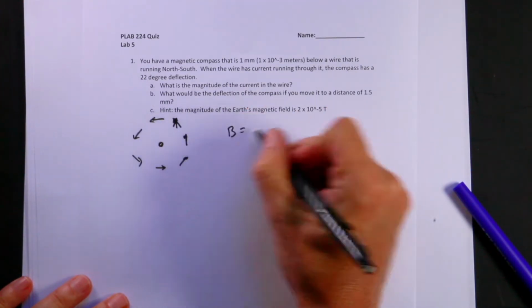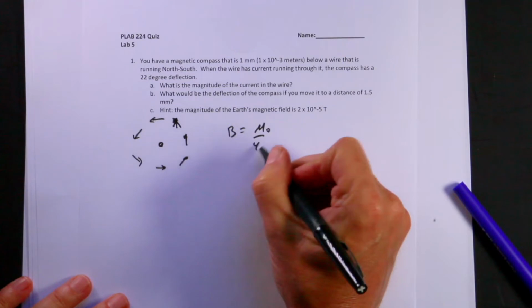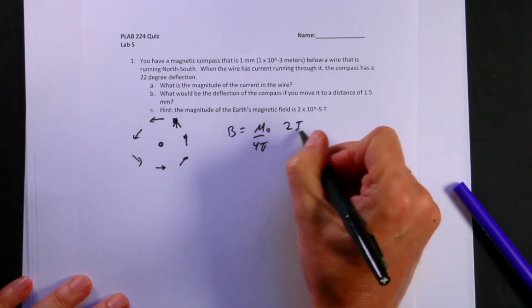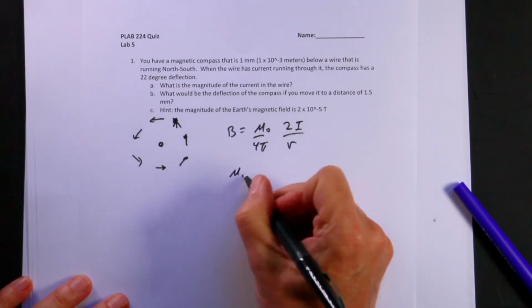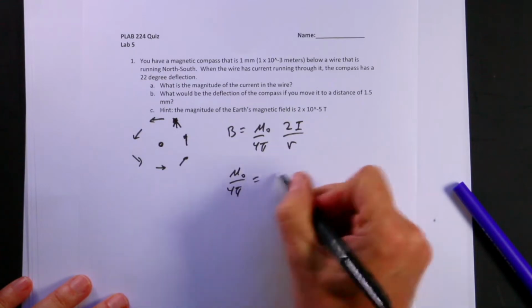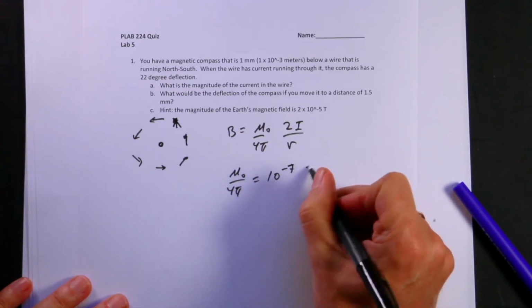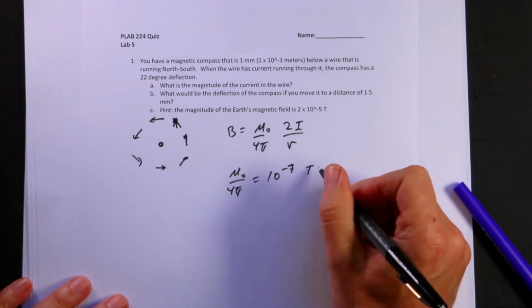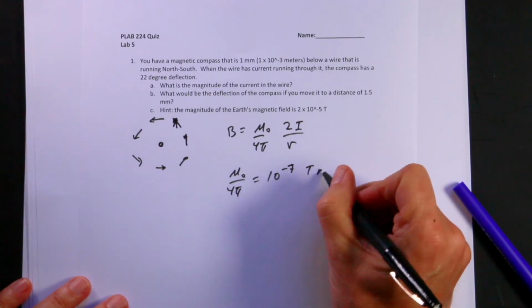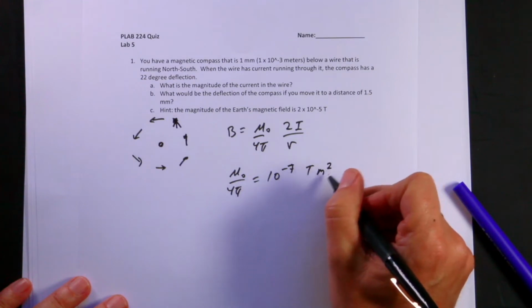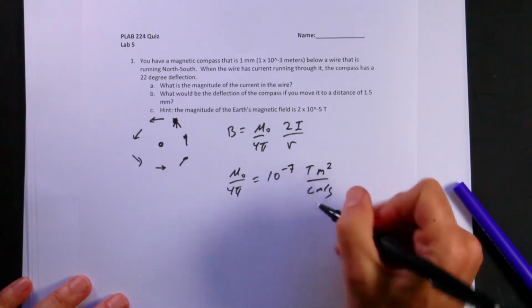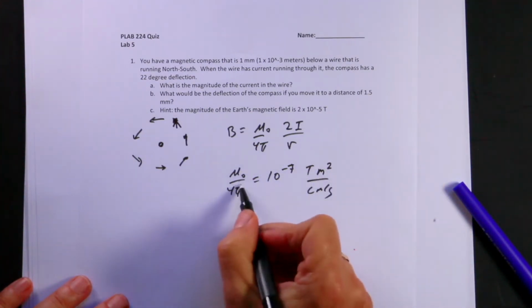Where the magnitude is mu naught over 4 pi times 2I over r. Where mu naught over 4 pi is a constant, and that's 10 to the negative 7th. And I guess that would be, what's that, Tesla meters squared over coulomb meter per second. I think that's right. Something weird like that. Okay.